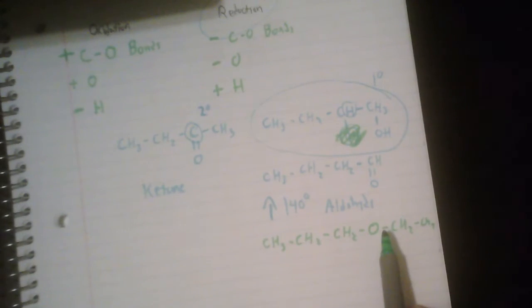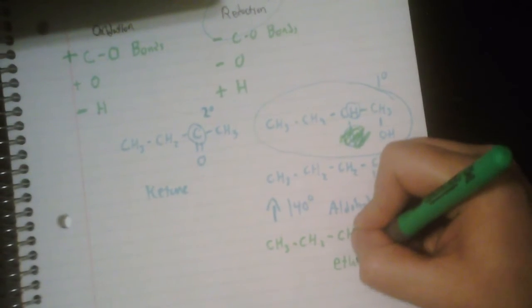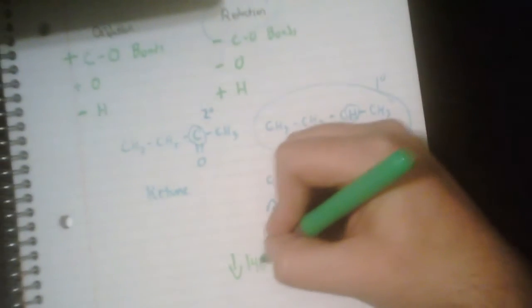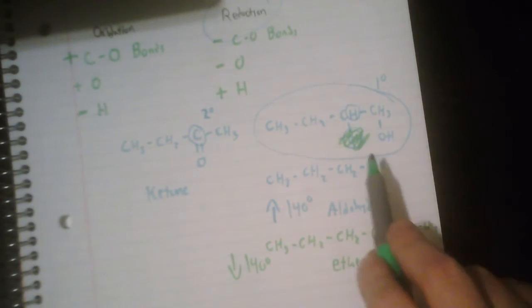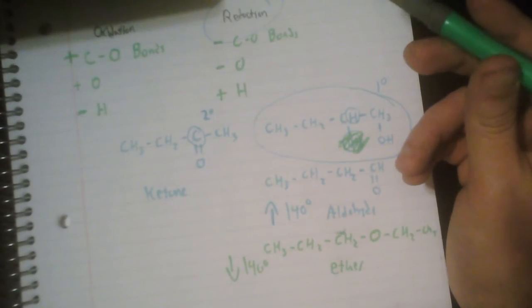This is now an ether. That's if it's below 140 degrees. So this guy here, ether. This guy here above 140 degrees is going to give you an aldehyde. This one on the second degree is going to give you a ketone. So that's pretty much the main things you need to know about oxidation and reduction.